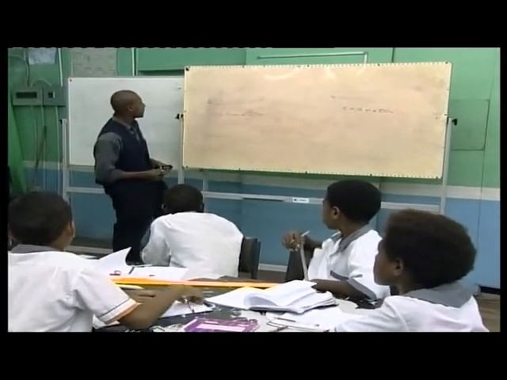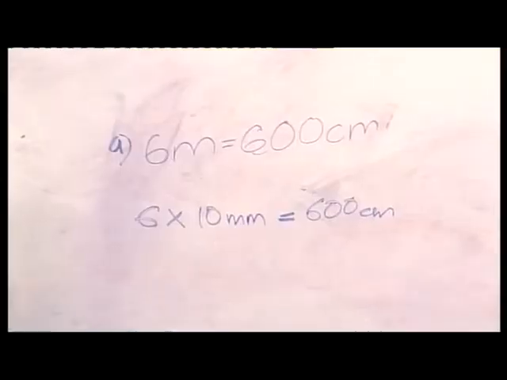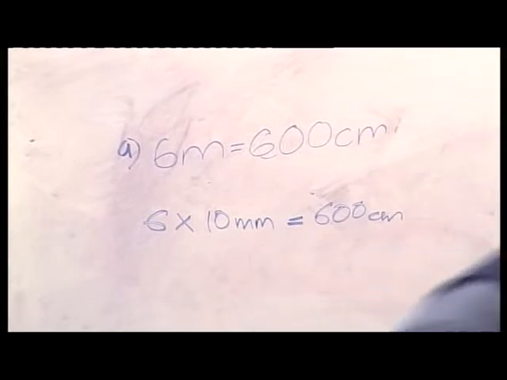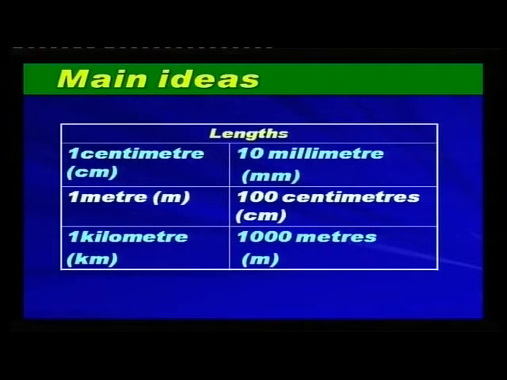Let us look at the answers. 600 meters is equals to 600 centimeters. Let me take you back to the conversion table. Now, from the conversion table, in exercise A, we are changing meters to centimeter.